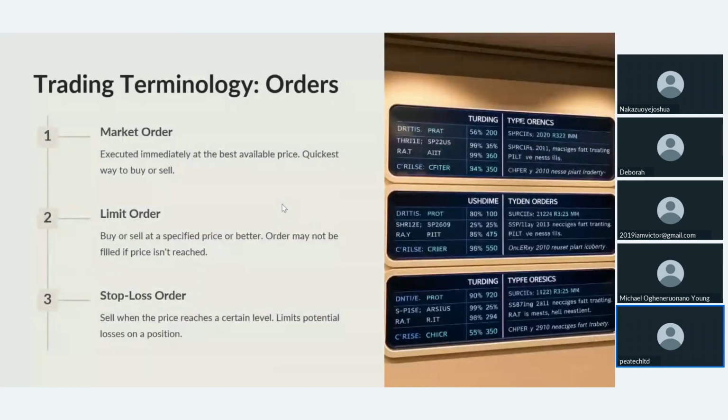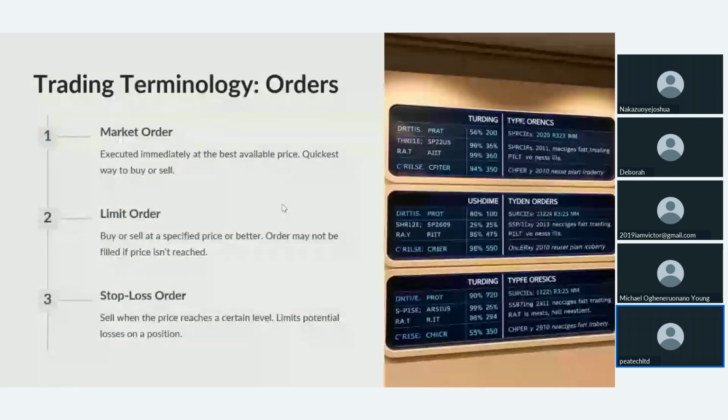Then we have orders, right? Another trading terminology is orders. We have three different types of order. We have market order, which is executed immediately. When we post signals, you will see sometimes we put market order. Market order means enter the trade now.